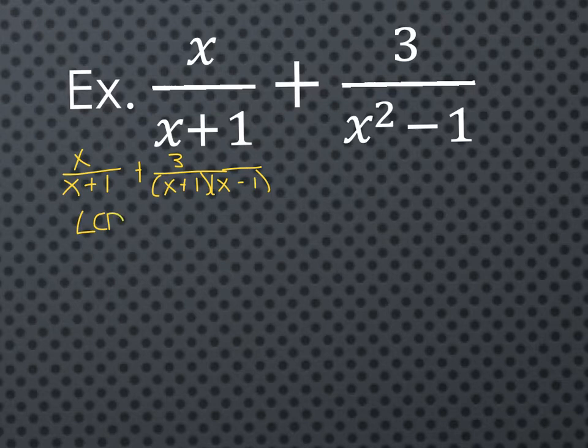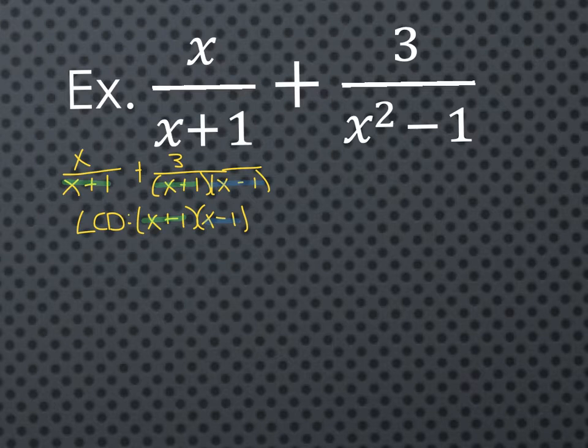So if we look in the first fraction, there's an x plus 1 and there's also one in the second fraction. So we need to include that in the lowest common denominator. We also have to include the x minus 1 because it is not represented. Remember, you have to have your denominators represented in your lowest common denominator.